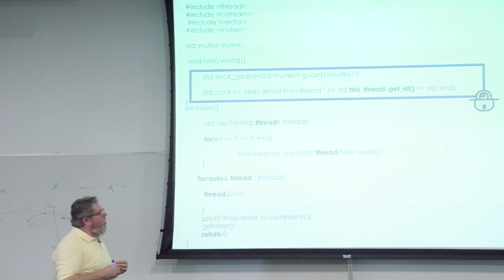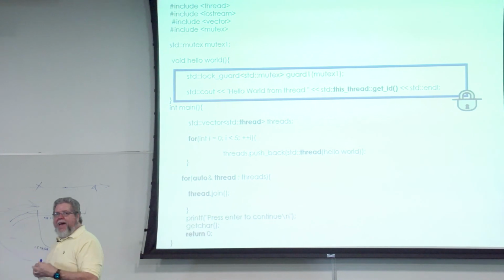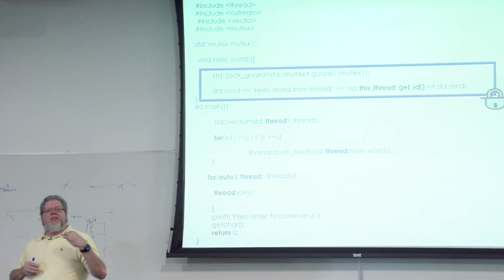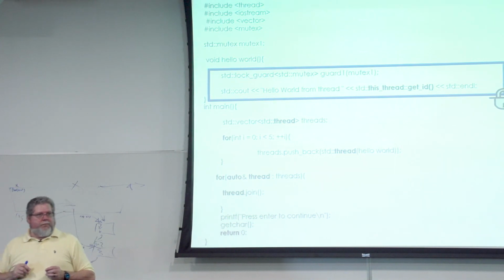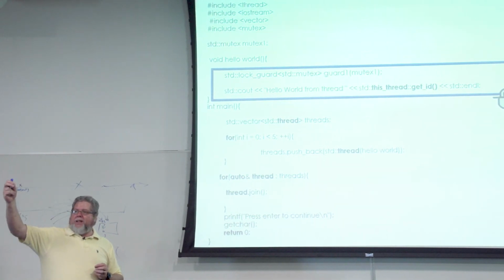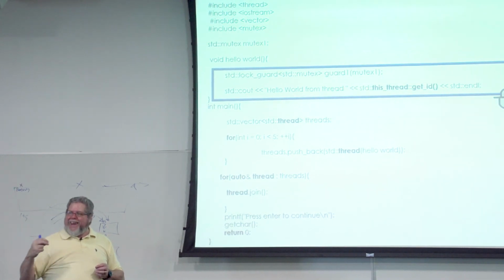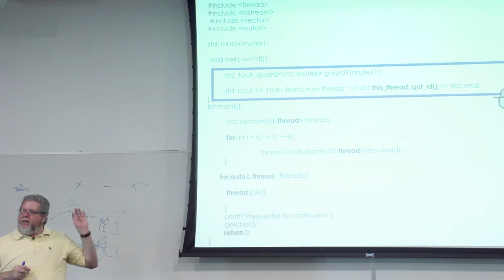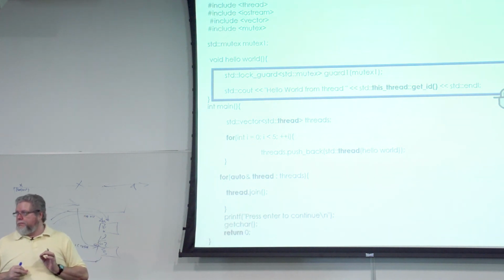I have to remember though, if I want to do anything and control it after the fact, I need to use the instance name, not the mutex name, because the mutex is not actually being locked and unlocked, it's just being used as the model to create the instance that I'm using. So if I need to control this in some way, I'm going to use guard1. Okay?